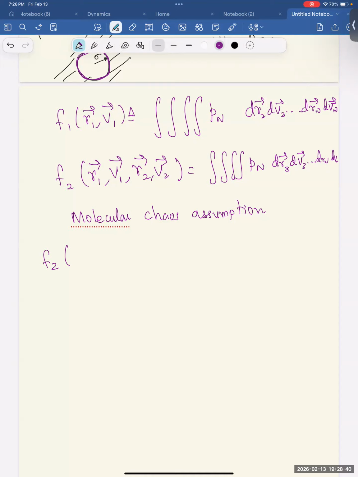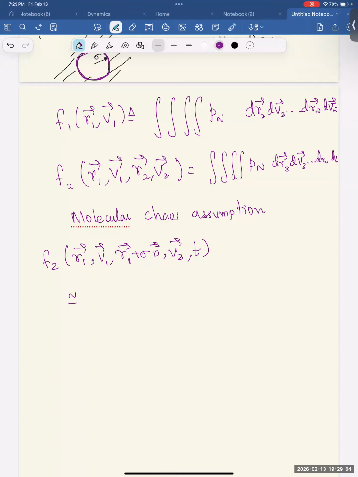It'll have F2 of R1, V1, comma, R1 plus sigma n, comma V2, comma t. The reason why this appears is that this term is a boundary term. So this term is in the BBGKY equation, and we need to eliminate it.